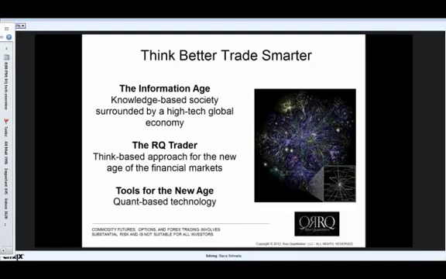It is a high-tech global economy, but I think that RiosQuant has adapted. Joe Rios, with his wisdom over the years, has built, I think, a trading methodology, a system with indicators that tie three very important elements together, really addressing this think-based approach for the new age of the financial markets, which is taking place as we speak, because market volatility is going to start ramping up if it's not volatile already. So what we think we have as quants are tools for a new age.